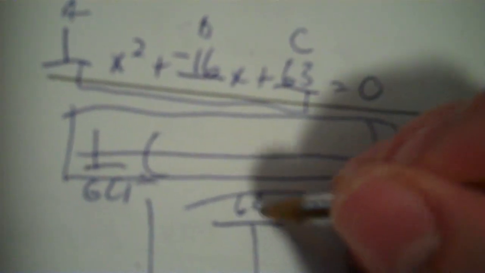Okay, so GCF. Okay, no x, no net 1's a GCF. Then the AC product, 1 times 63 is 63 positive, so the signs have to match.